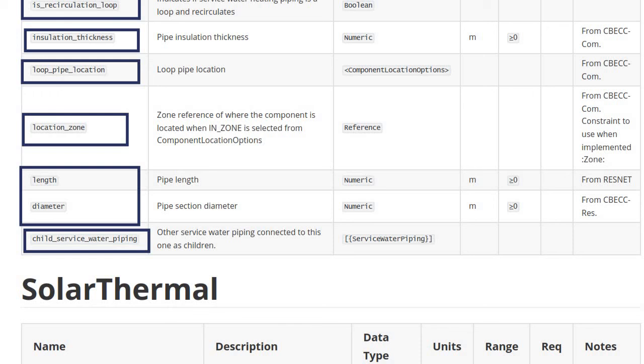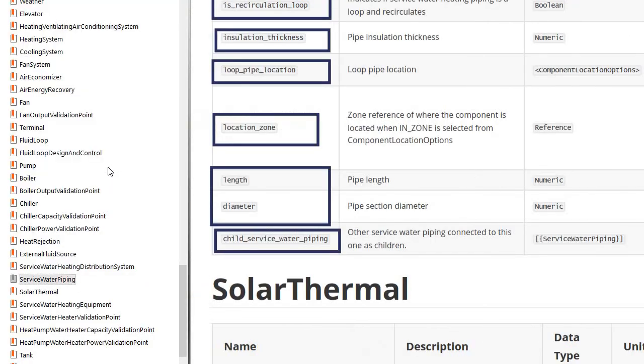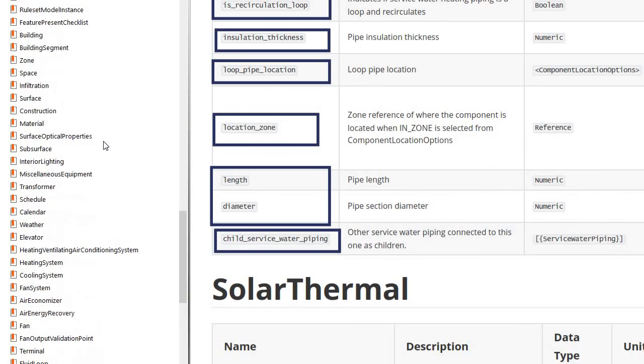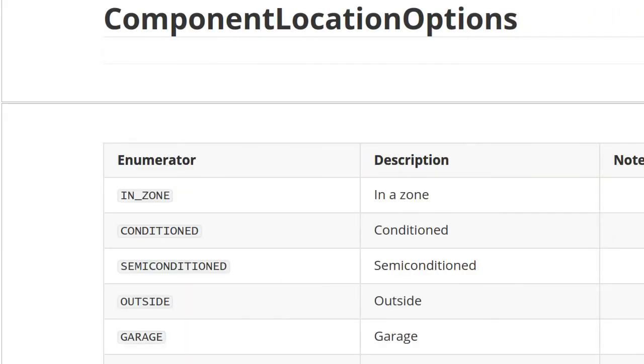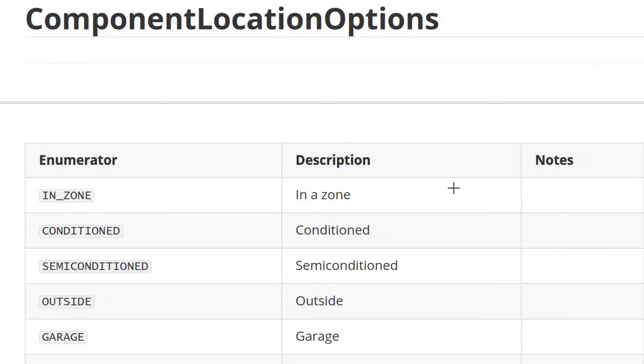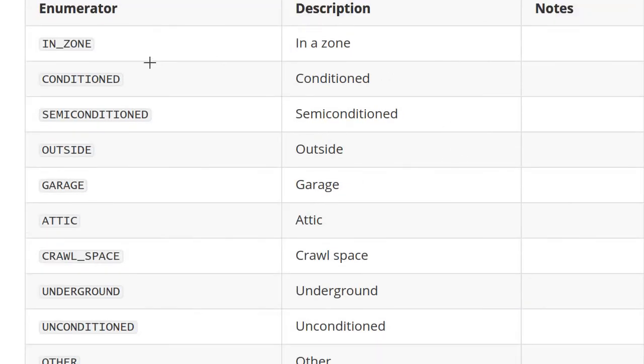So one of the things there was the component location options. Let me go through that. So those can be in a zone, as we talked about. And then there are other options in which they're described as being in certain places that aren't specific zones.